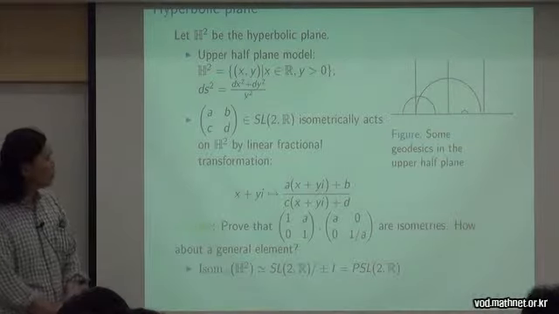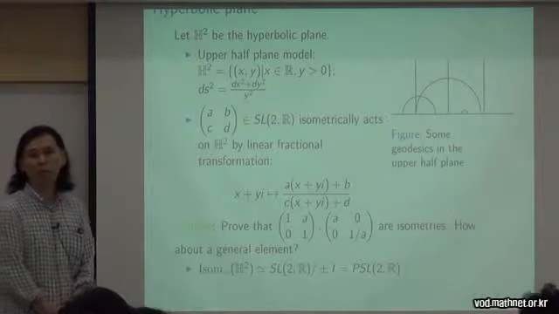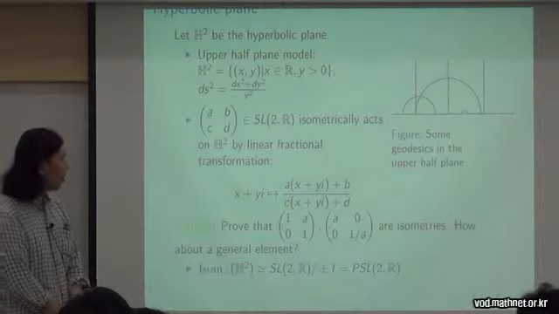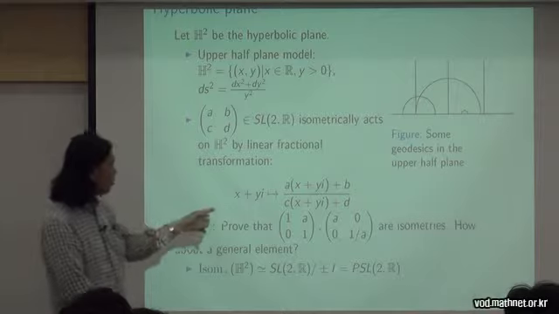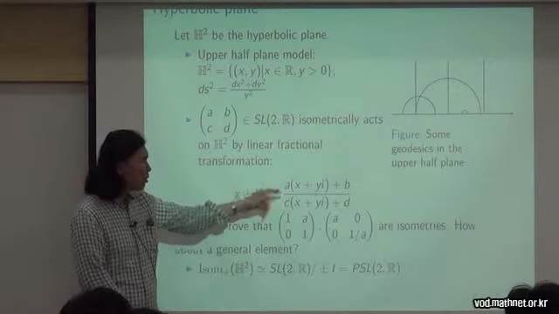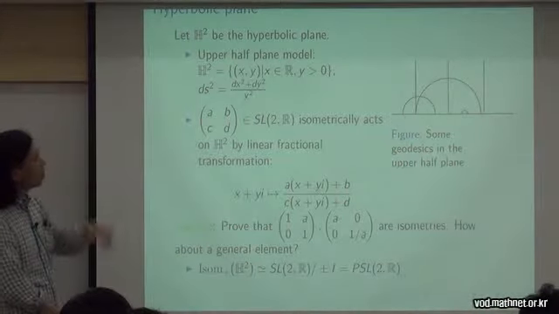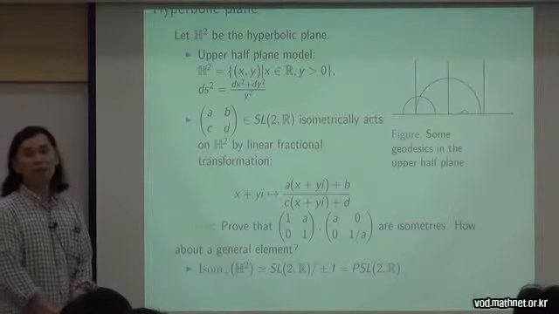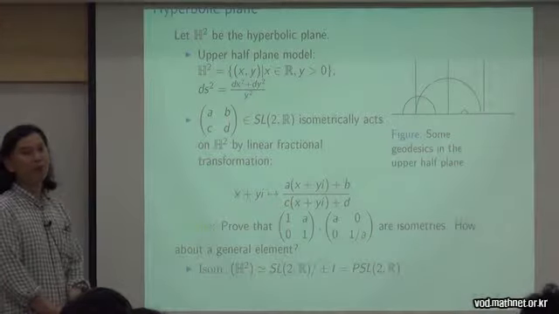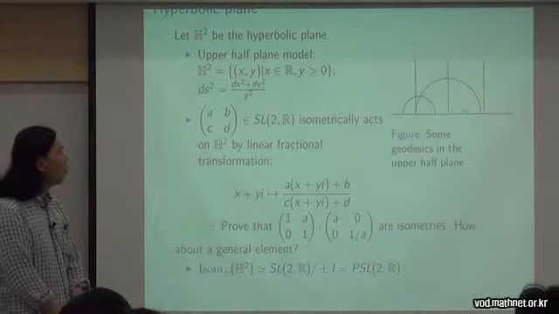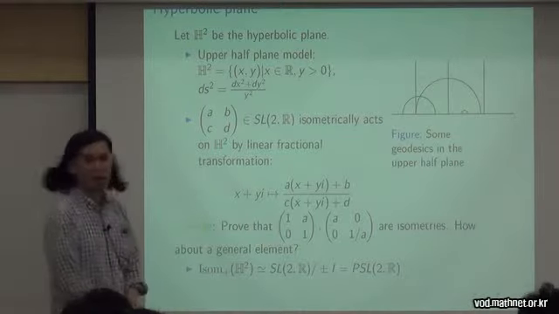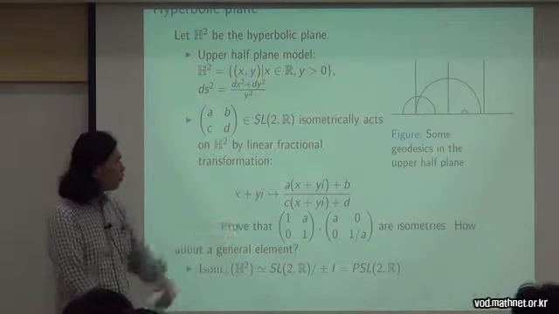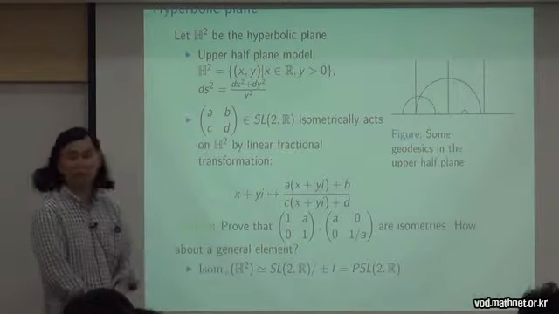You identify the point in the plane with a complex number like this, and this is the formula. You map this point to that point, and you can check that the upper half plane is mapped to the upper half plane. The x-axis, the real numbers, is mapped to the real numbers, so the x-axis is preserved.